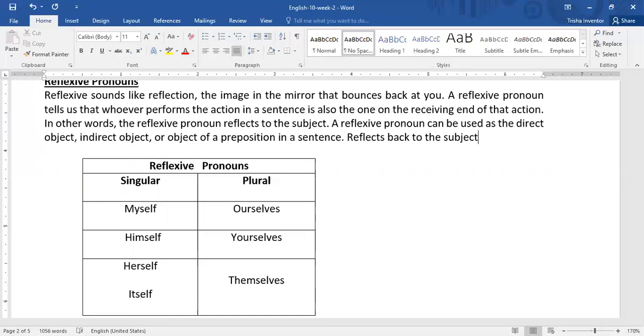Kumbaga, pareha sila og pasabot sa subject.